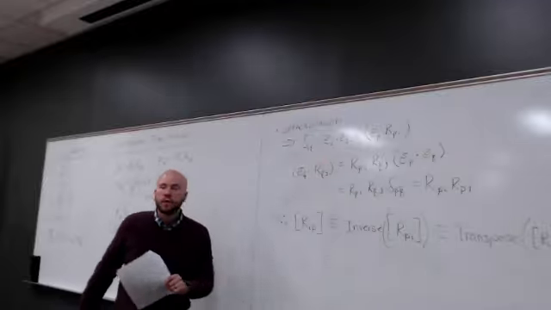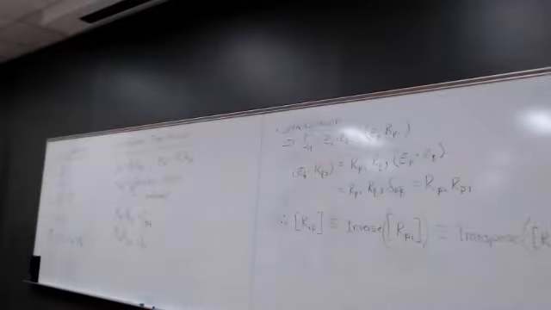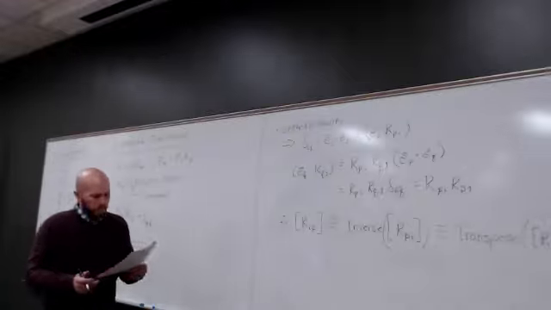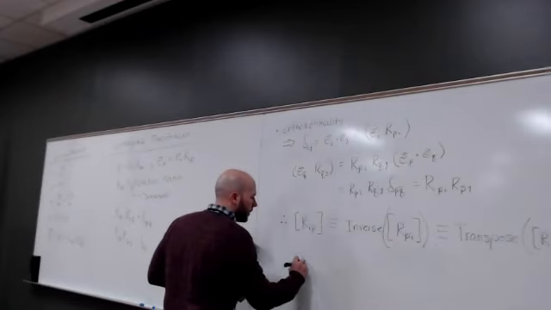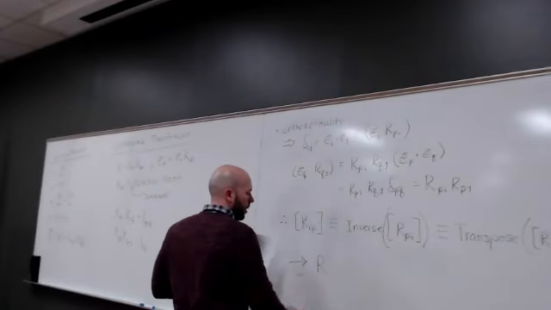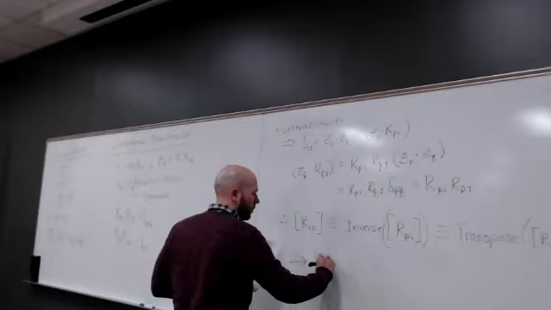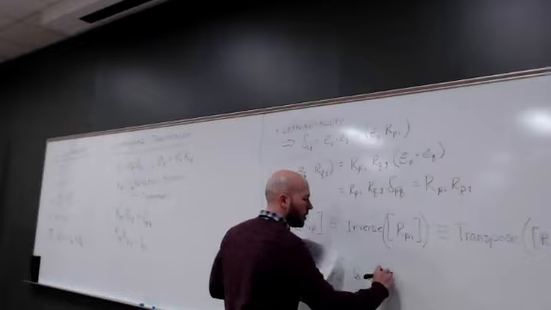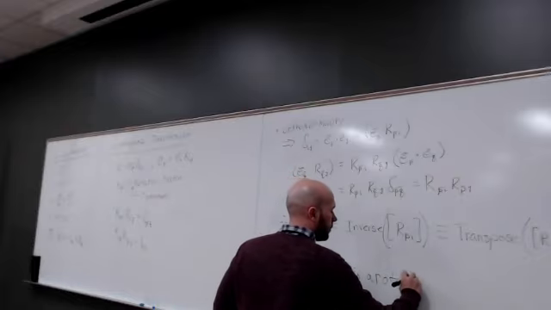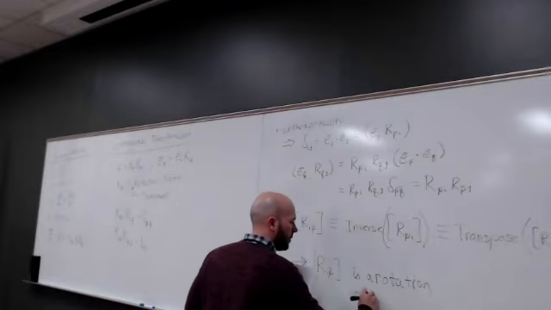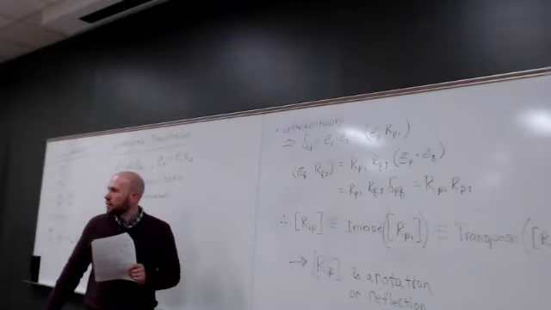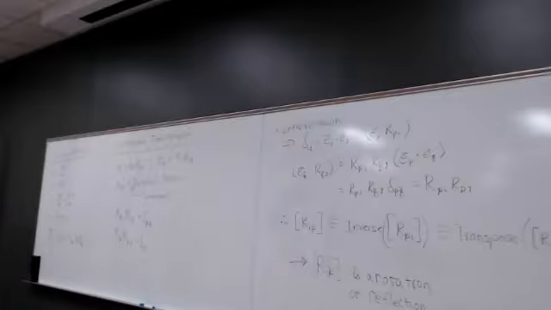So for this particular matrix, the transpose and the inverse are the same thing for the rotation matrix in an orthonormal basis. Okay? This further implies that R, whatever you want to pick for its components, is a rotation or reflection. Again, as we're used to from mechanics.